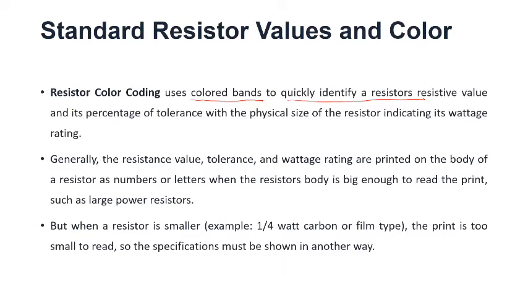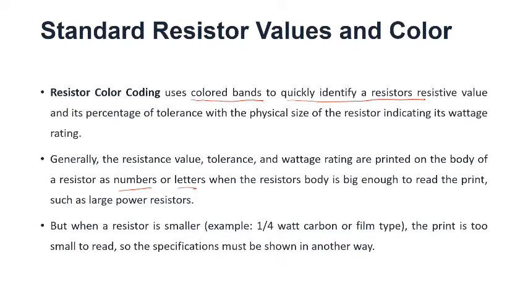Generally the resistance value, tolerance, and its wattage rating are printed on the body of a resistor in the form of certain letters or numbers. But resistors come in different sizes depending upon their wattage.